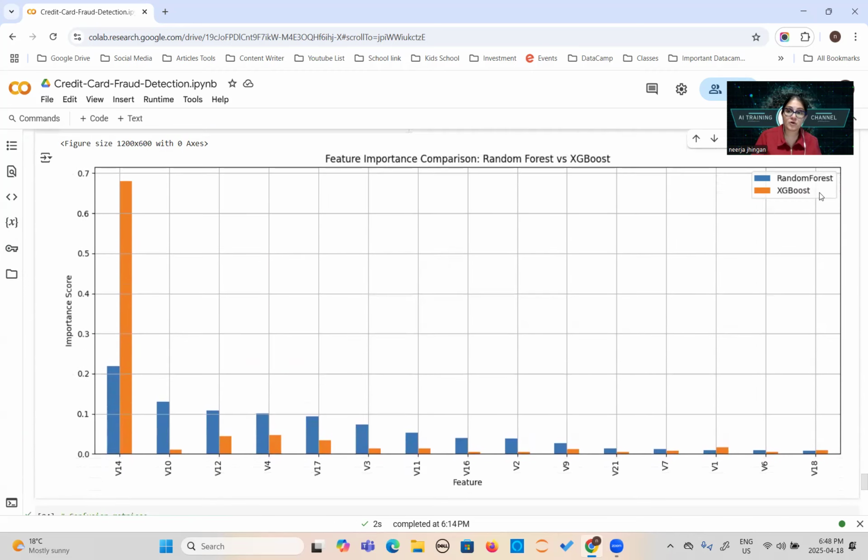The V14 feature is used around 70% by XGBoost, and this is also used by your random forest and so on. This is very useful information. It is giving you very good information and you know now which features you can keep. You can drop some features and fit the model again and try if it increases more than 96%, right?